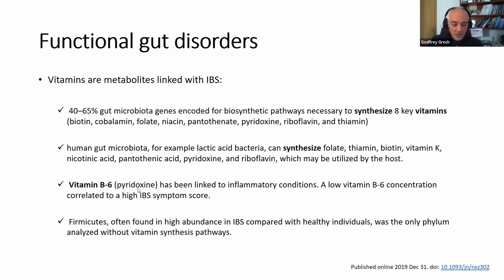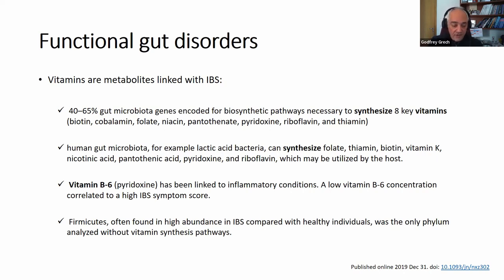Now in IBS we find low vitamin B6, for instance, and that's linked to inflammatory conditions. A note of interest here is the yellow box, the pink pie chart, the pink and the other part. In general, the pink are very high, but in IBS it is even higher.